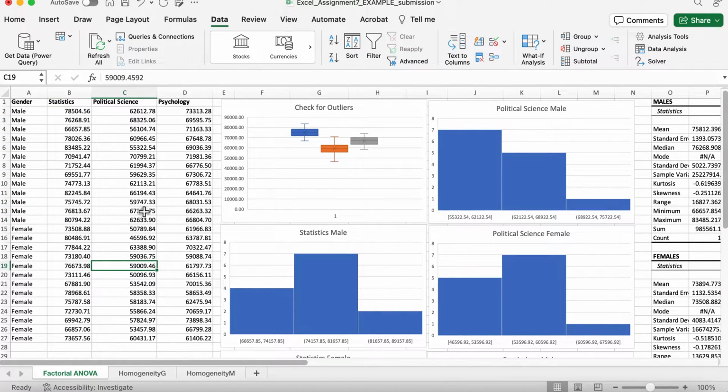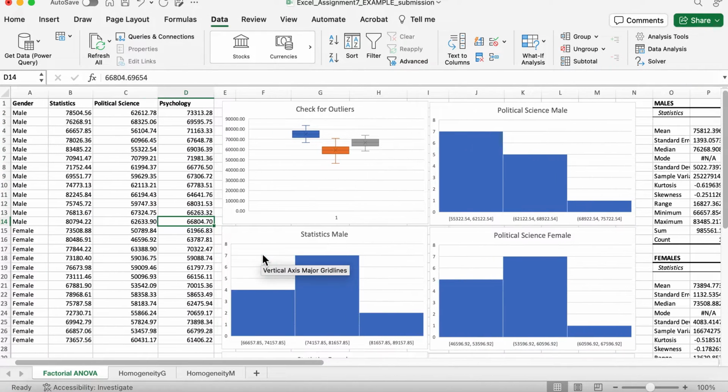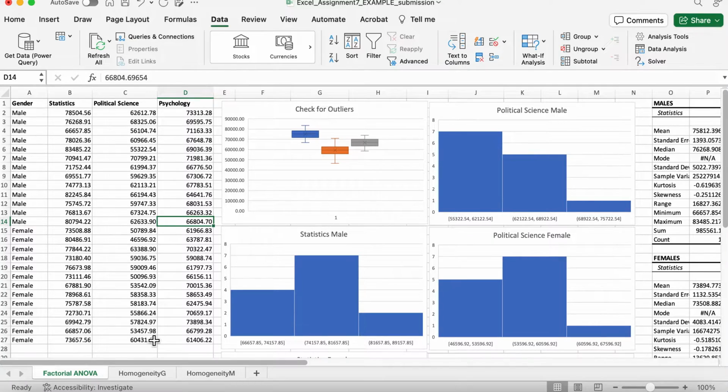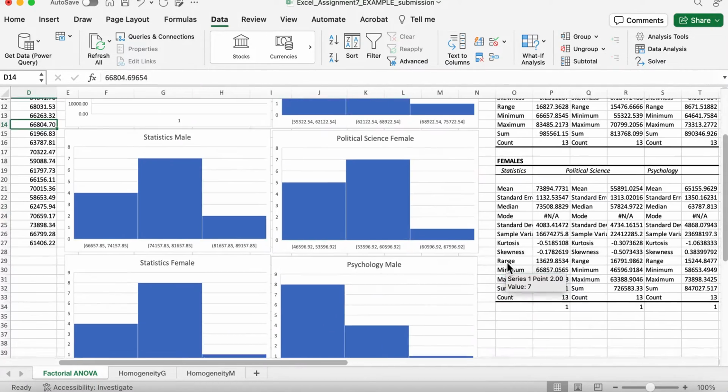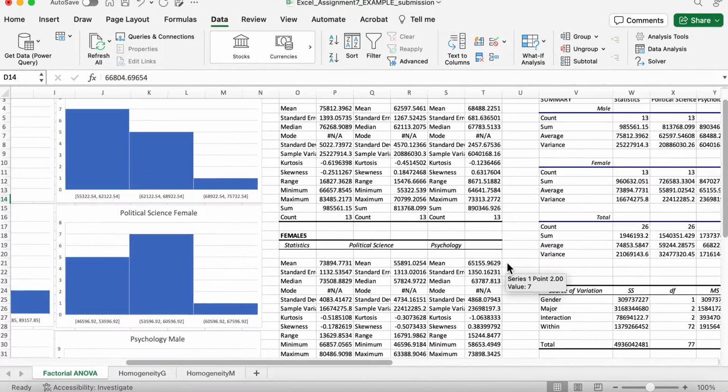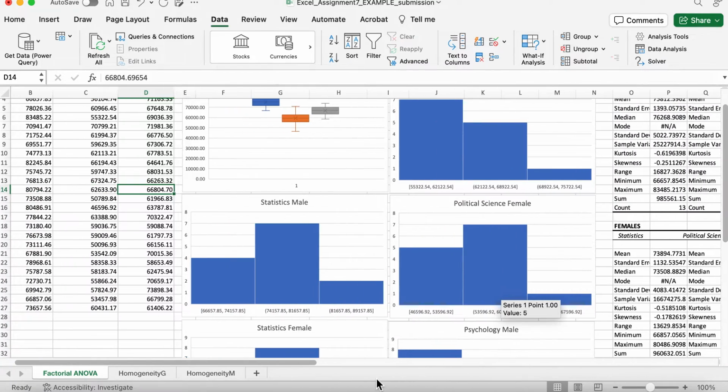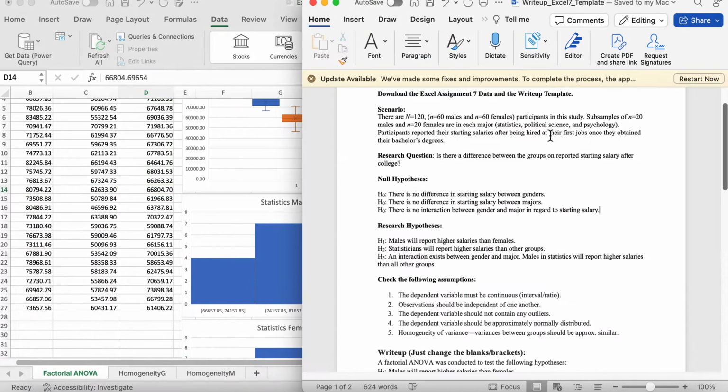So if there's an interaction, that's what it's saying. It's talking about the smaller group sections being different. Otherwise, it's just the larger main effects, right? If that makes sense. So I'm going to pull up your write-up again.